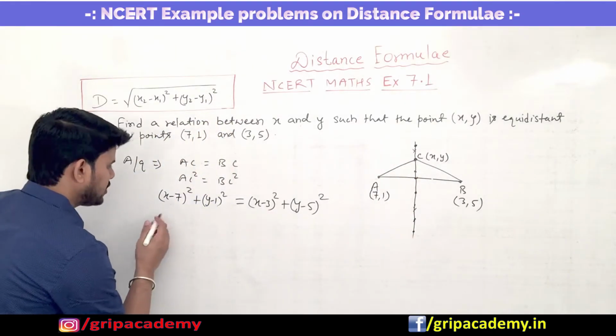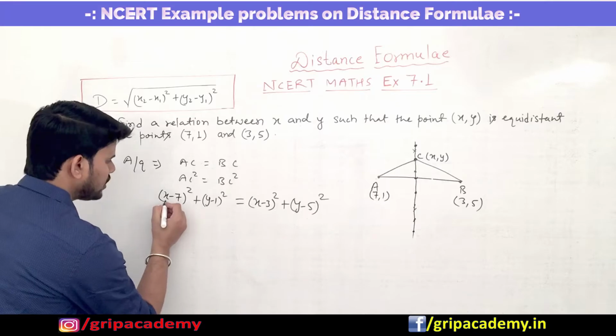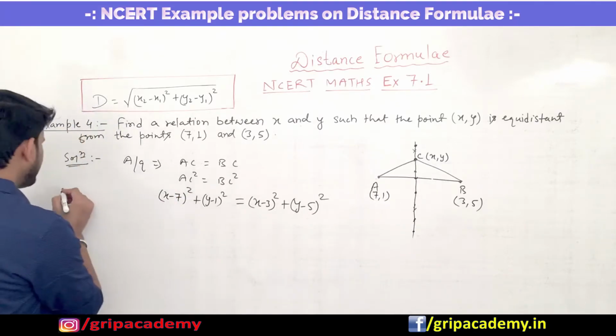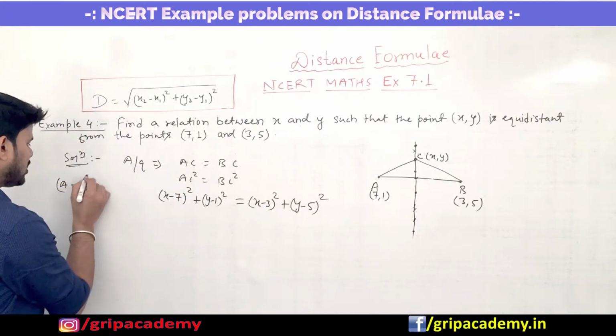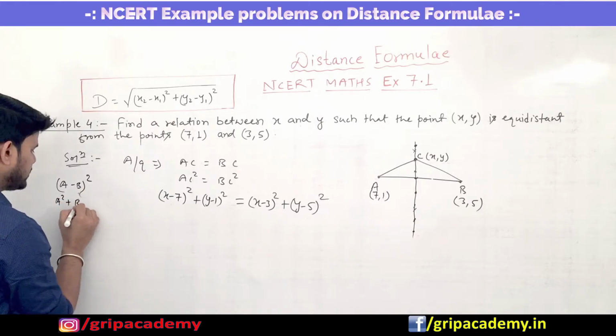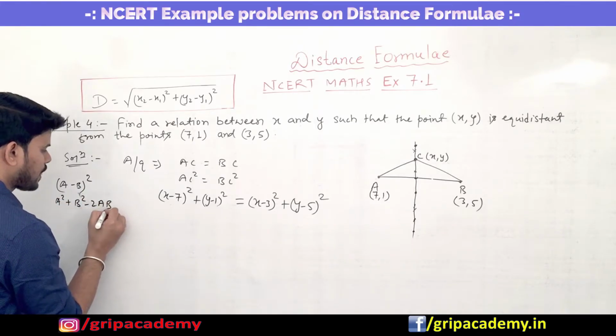So let's open the brackets. We know that a minus b whole square is a square plus b square minus 2ab.